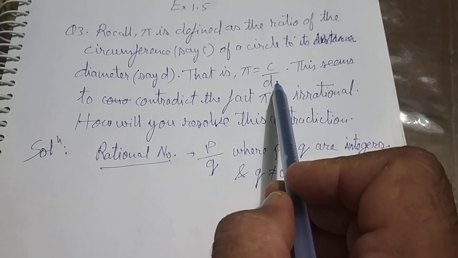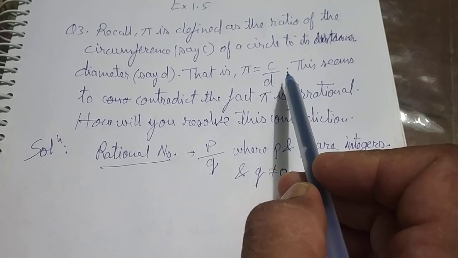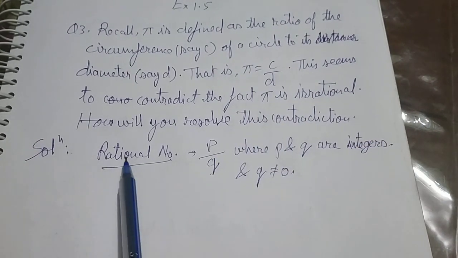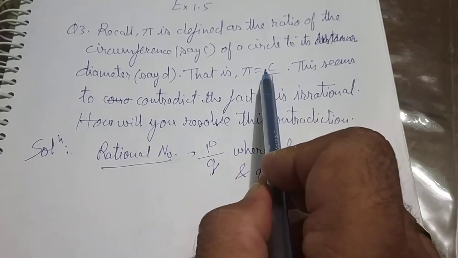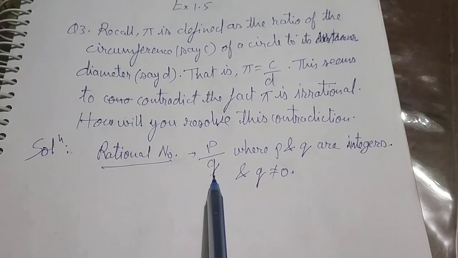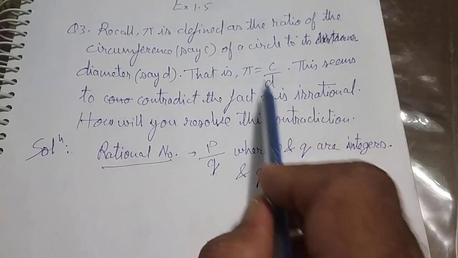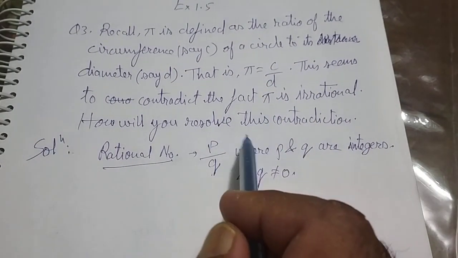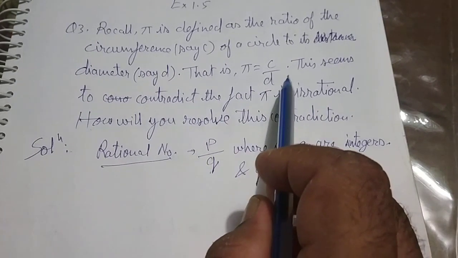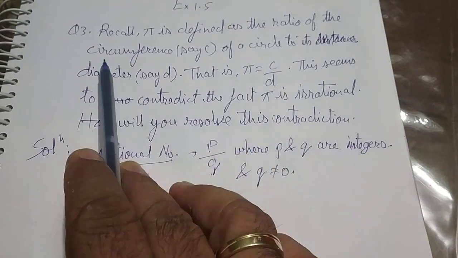Normally circumference and diameters can be any number, like any integer or any rational number, so this value of pi, C upon D, looks like a rational number P upon Q, where P and Q are integers. But they are not similar. Pi is actually irrational. So how will you resolve this contradiction? Contradiction means here we are saying that pi is just like this, but it is actually an irrational number.